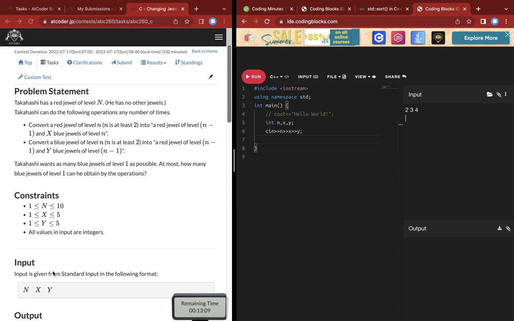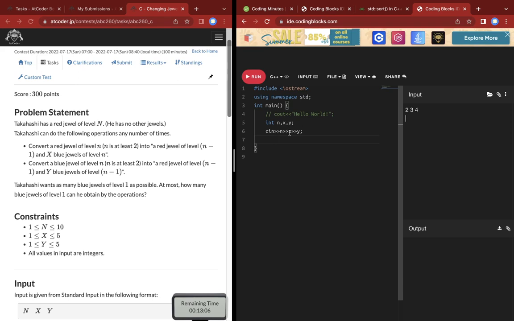So, okay, he has initially a red jewel. So 1 red and 0 blue.